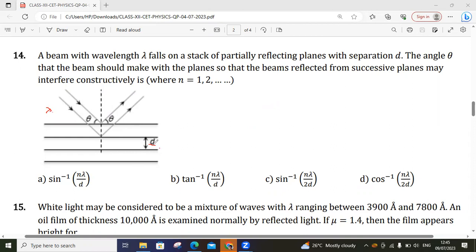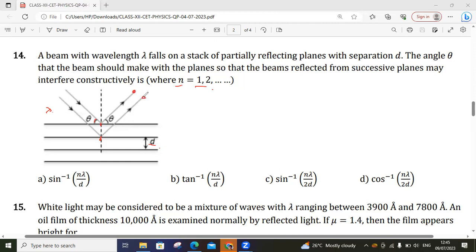The angle theta that the beam should make with the planes, so that the beams reflected from successive planes, this plane and this plane, may interfere constructively. And n is an integer, a natural number.